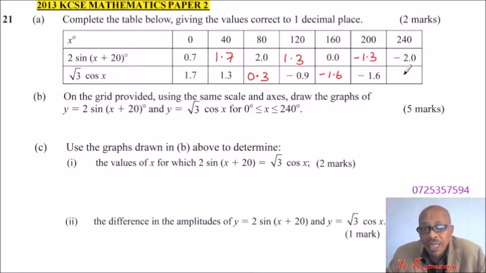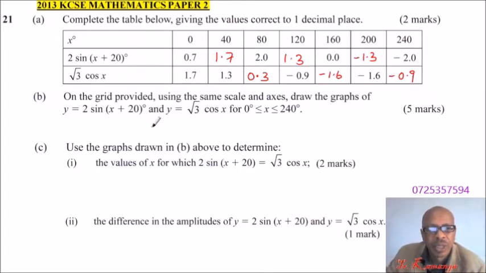Finally, you get root 3 cosine of 240, and that should give you minus 0.9 to one decimal place. So with the help of a calculator, you should be able to fill this table easily.